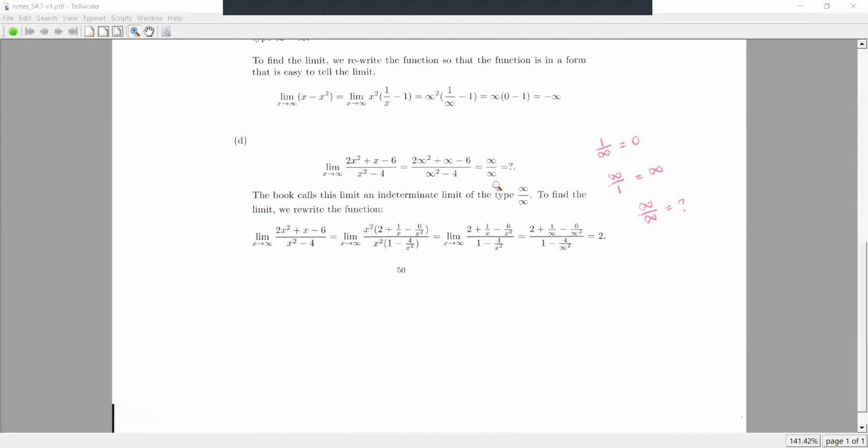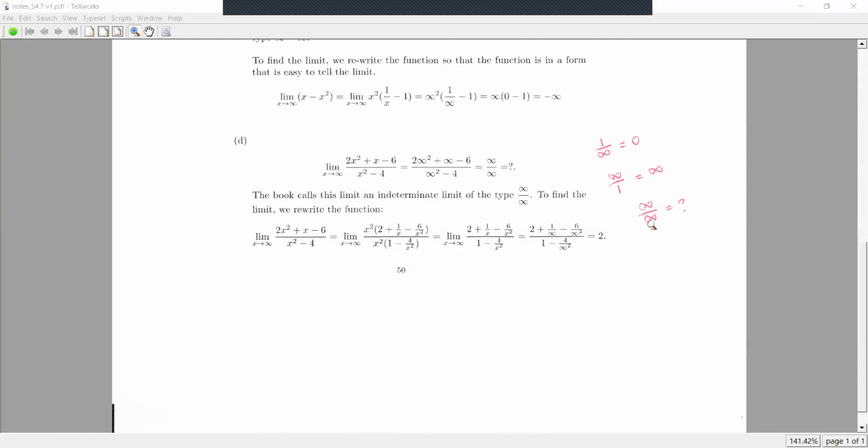What is infinity over infinity? I cannot tell. I can tell that a finite number divided by infinity is 0. Infinity over a finite number, I can tell it is infinity. But infinity over infinity, I cannot tell.